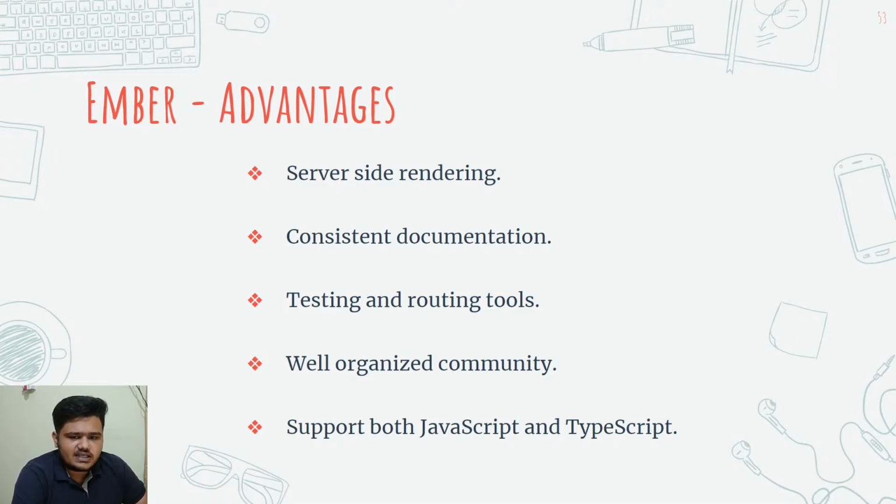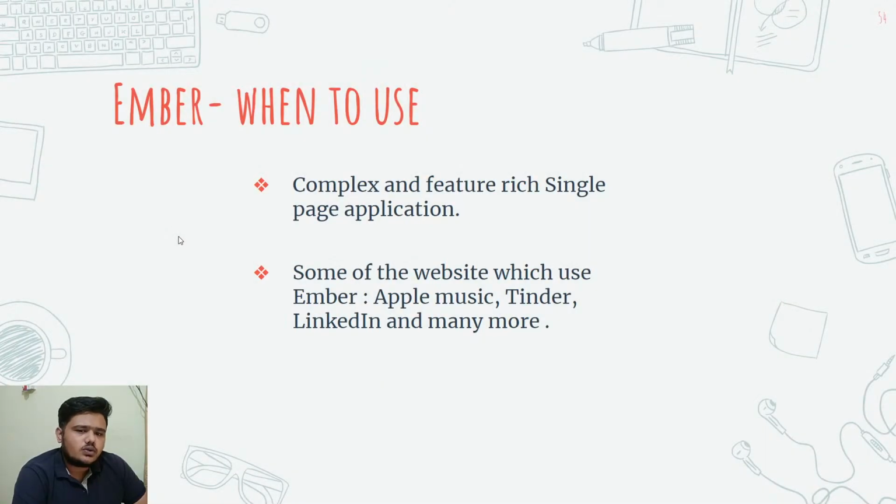So moving forward, let's see when to use Ember, right? Owing to its component architecture, Ember can be an ideal choice for creating a complex and feature rich single page web application for the client side or mobile application, right?